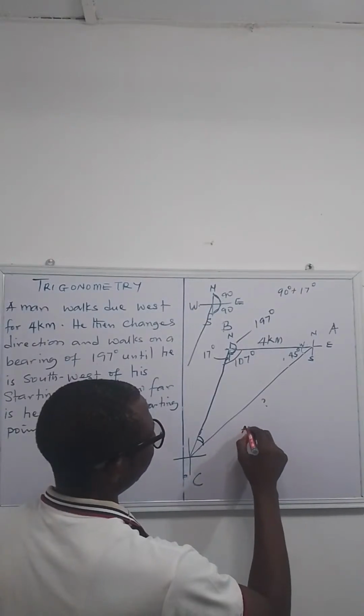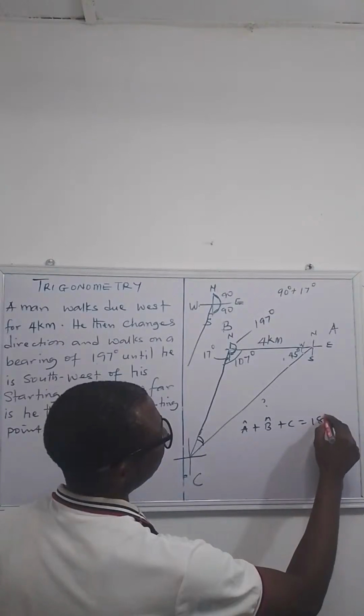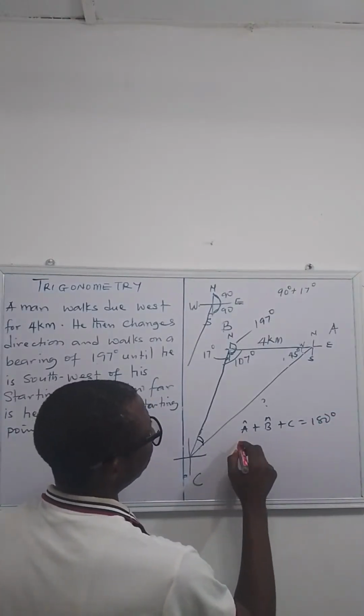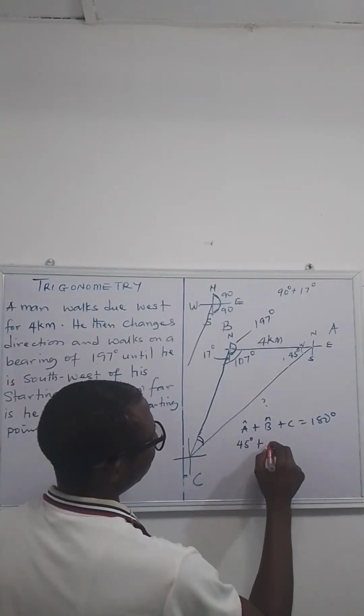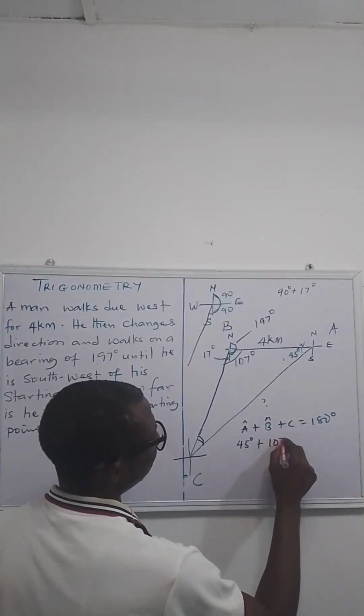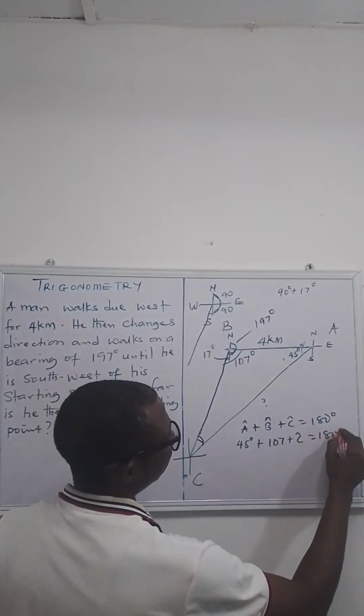Angle A plus angle B plus angle C equals 180 degrees. Angle A is 45 degrees, plus angle B, that is 107, plus angle C, which is what we are looking for, equals 180 degrees.